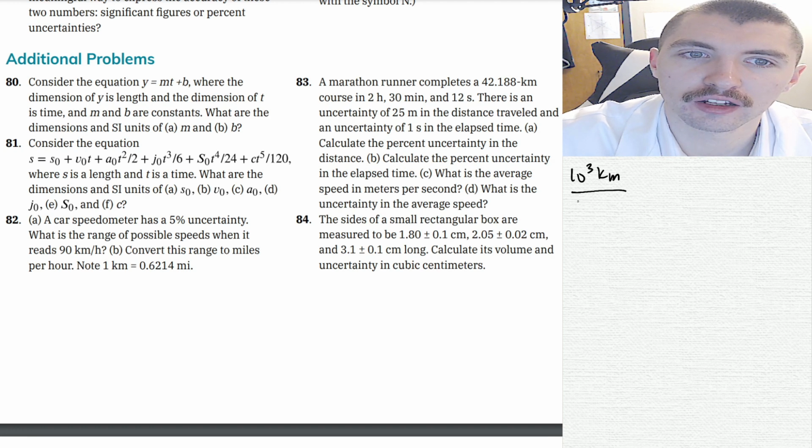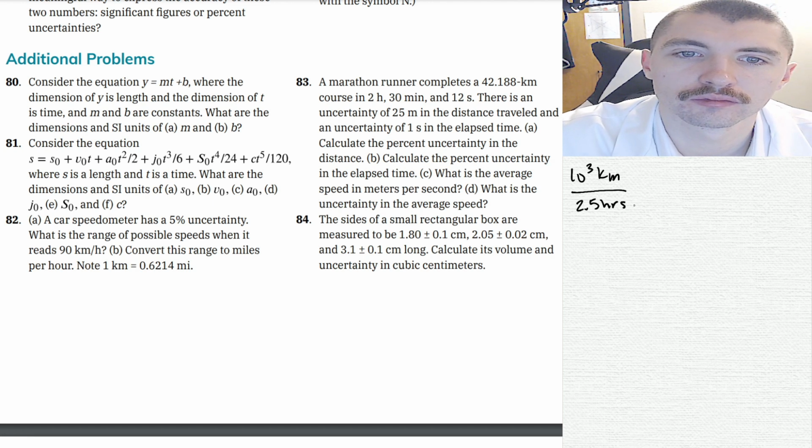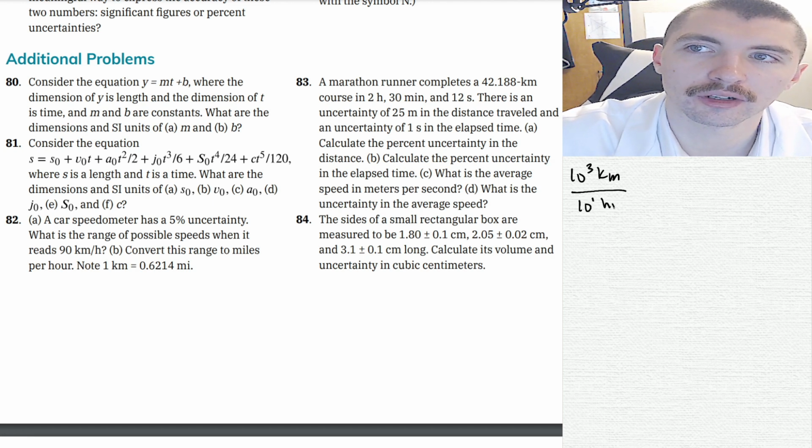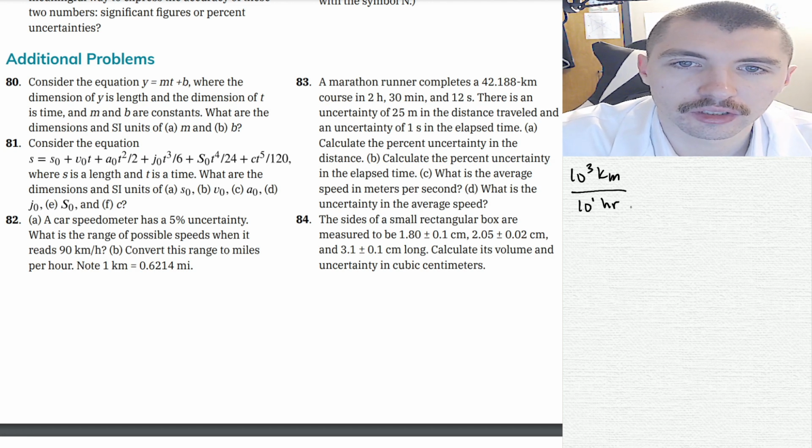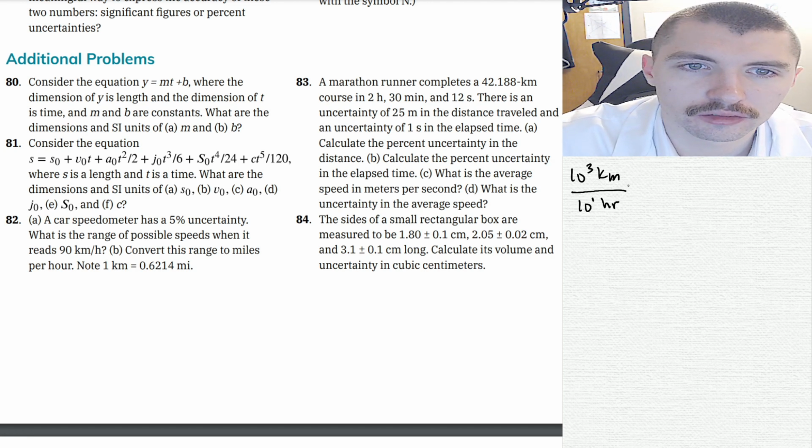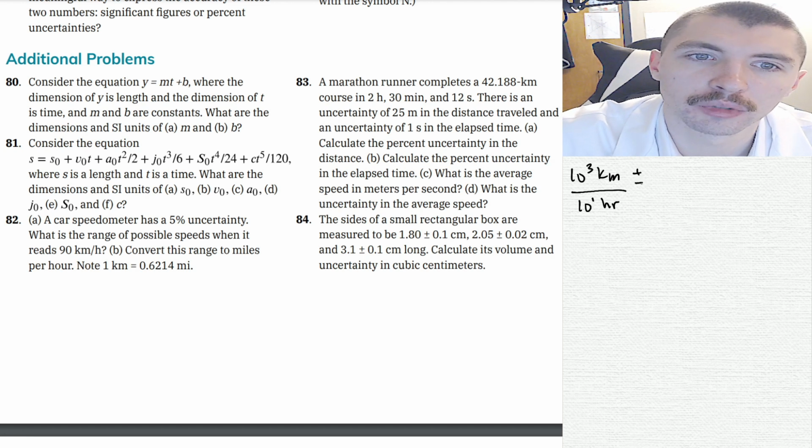So 2.5 hours. Okay, so that's about 10 to the 1 hour. So there is an uncertainty plus minus 10 to the 1 meters, plus minus uncertainty of 1 second. 1 second, 10 to the 0 seconds.